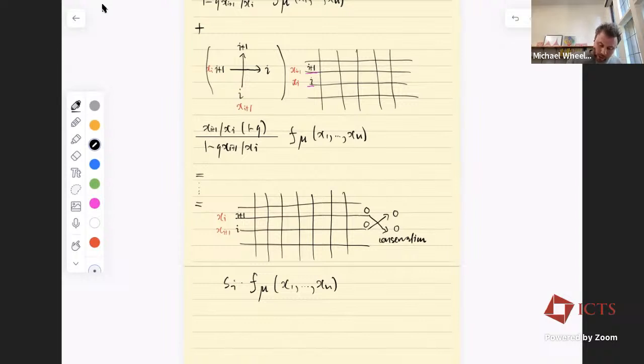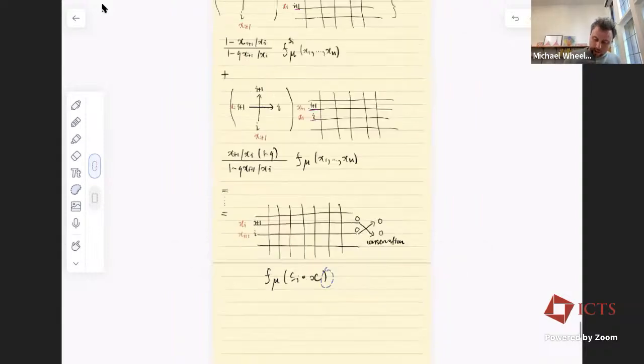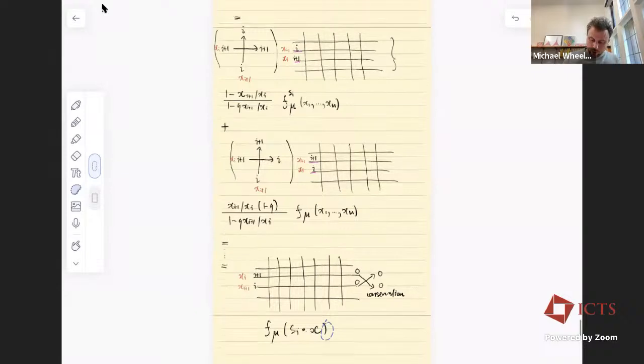It may be less confusing actually to put that into here. So I'll just write si acting on x here. Okay, so this is the identity that we have proved.